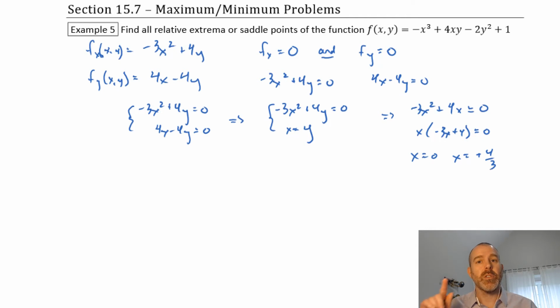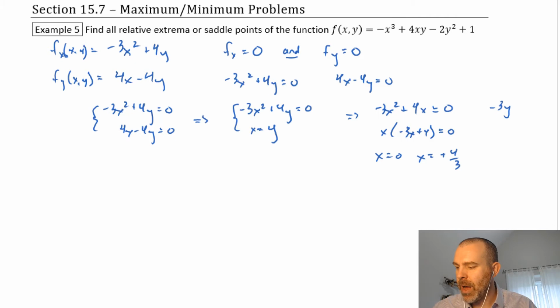Now, remember, to find y, you might be tempted to go back and re-solve it, substituting y in for x: negative 3y squared plus 4y is equal to 0. You're going to get the same values, but the problem is you're not going to know how those points match up. Does 0 for x go with 0 for y, or with 4/3 for y?